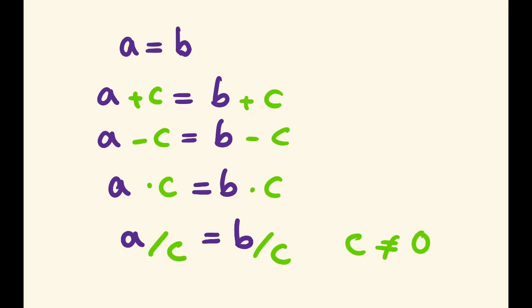Why should c be non-zero? Because we are not allowed to put 0 in the denominator. If we put 0 in the denominator, then the fraction is undefined. So these are the four common operations that give us equivalent equations, and we use these to solve a linear equation or any type of equation.